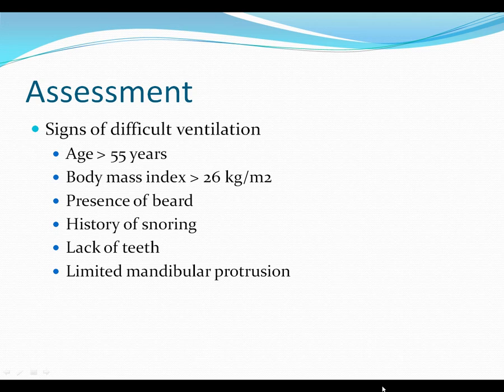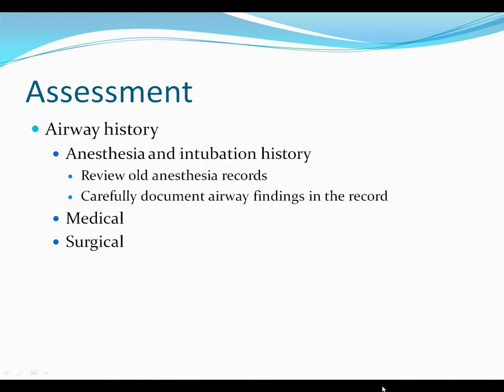And we have a lot of patients with one of these traits. So if you see 2 or 3, that's when you really need to start worrying about things and think about how you can safely anesthetize them.